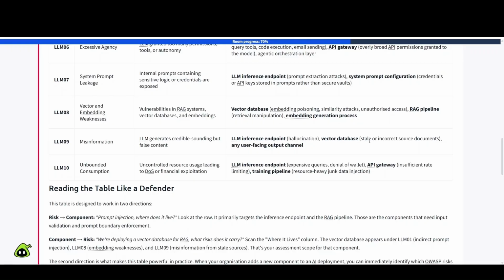Vector database: stale or incorrect source documents. Any user-facing output channel. LLM 10, unbounded consumption: uncontrolled resource usage leading to DoS or financial exploitation. LLM inference endpoint: expensive queries, denial of wallet. API gateway: insufficient rate limiting. Training pipeline: resource-heavy junk data injection.